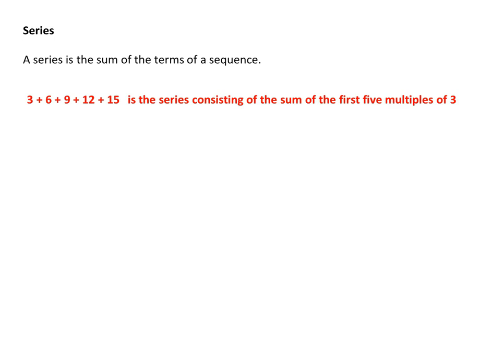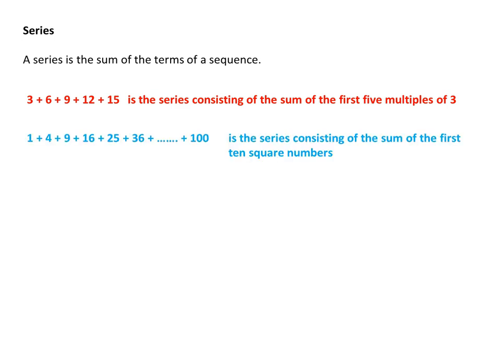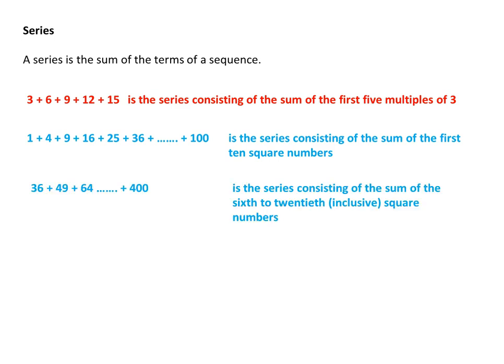So the series 3 plus 6 plus 9 plus 12 plus 15 is a series consisting of the sum of the first 5 multiples of 3. 1 plus 4 plus 9 plus 16 all the way up to 100 is the series consisting of the sum of the first 10 square numbers. 36 plus 49 plus 64 all the way up to 400 is a series consisting of the sum of the 6th to the 20th inclusive square numbers.